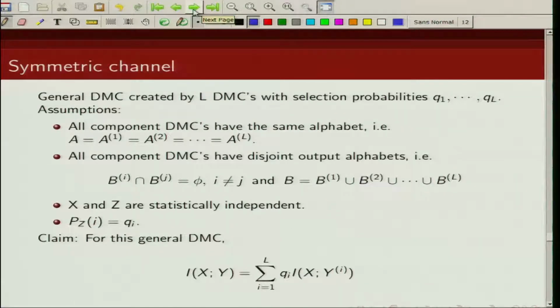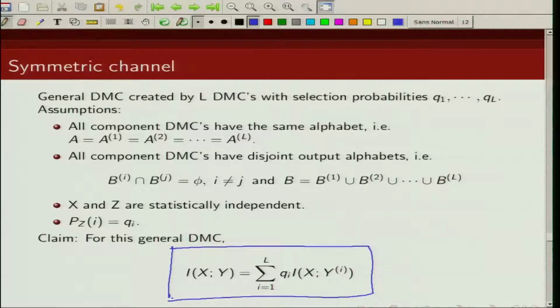Now the claim I am making is that the mutual information between the input X and output Y can be written in terms of the mutual information of these individual channels, and this is the expression relating the mutual information between the input and the output of the channel.